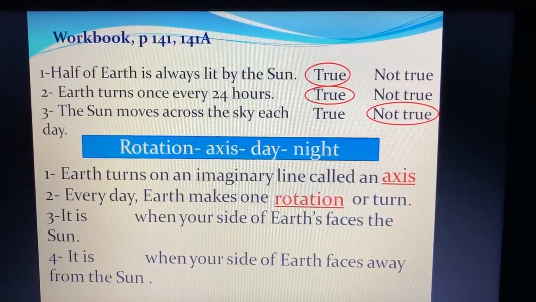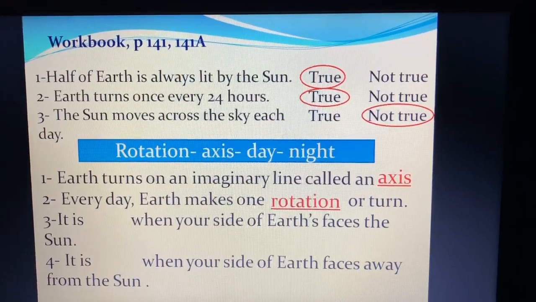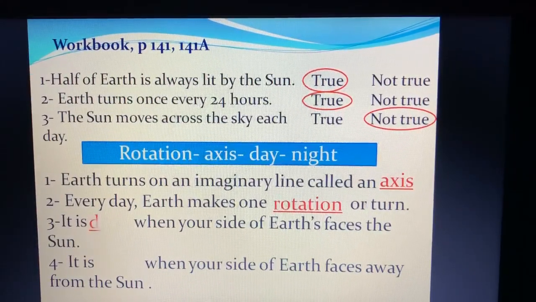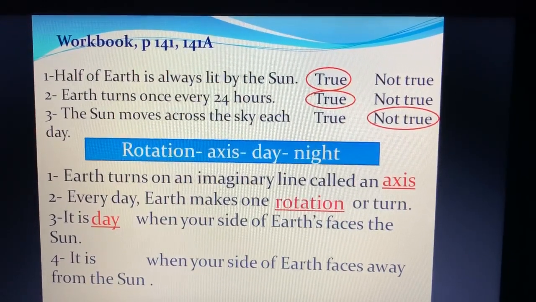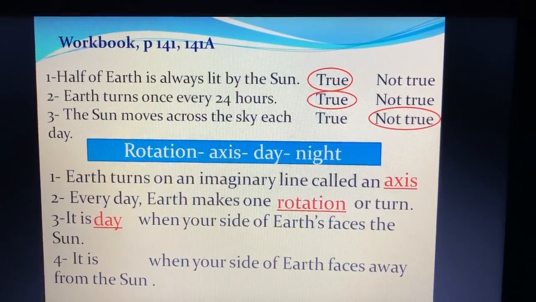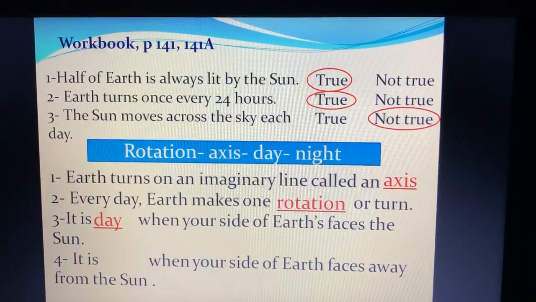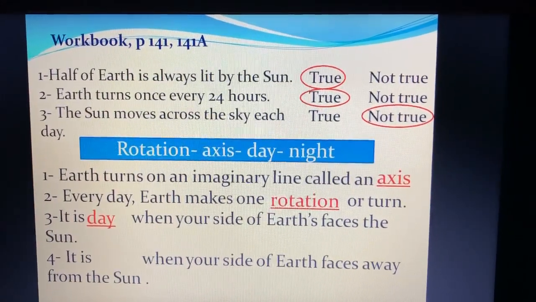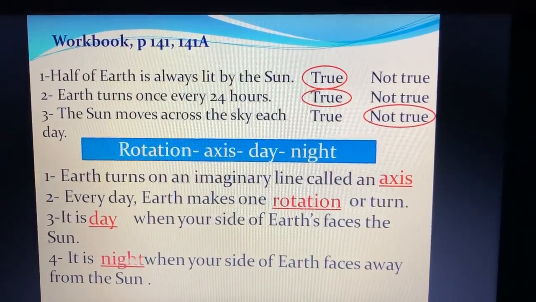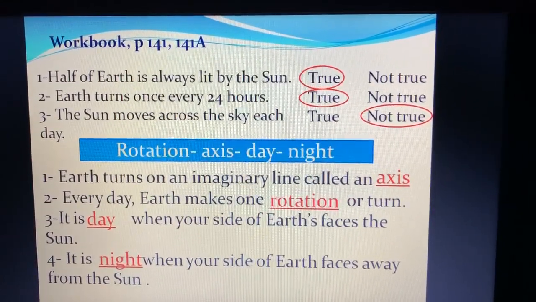Number 3. It is day when your side of Earth faces the sun. Number 4 is the opposite. It is night when your side of Earth faces away from the sun.